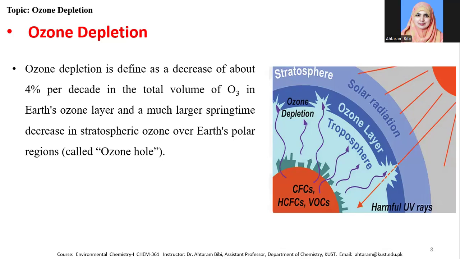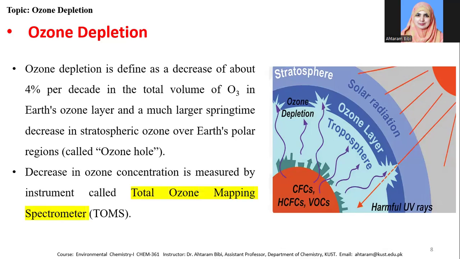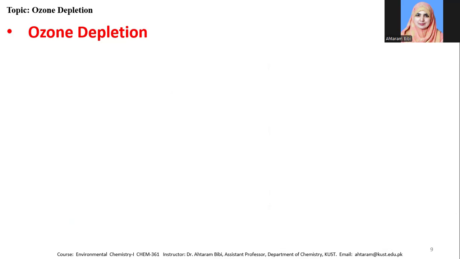Due to these various types of chemicals, in every 10 years there is a 4% decrease in the stratospheric ozone layer, and this is known as ozone depletion. The decrease in ozone concentration is measured by an instrument called the total ozone mapping spectrometer, or TOMS for short.